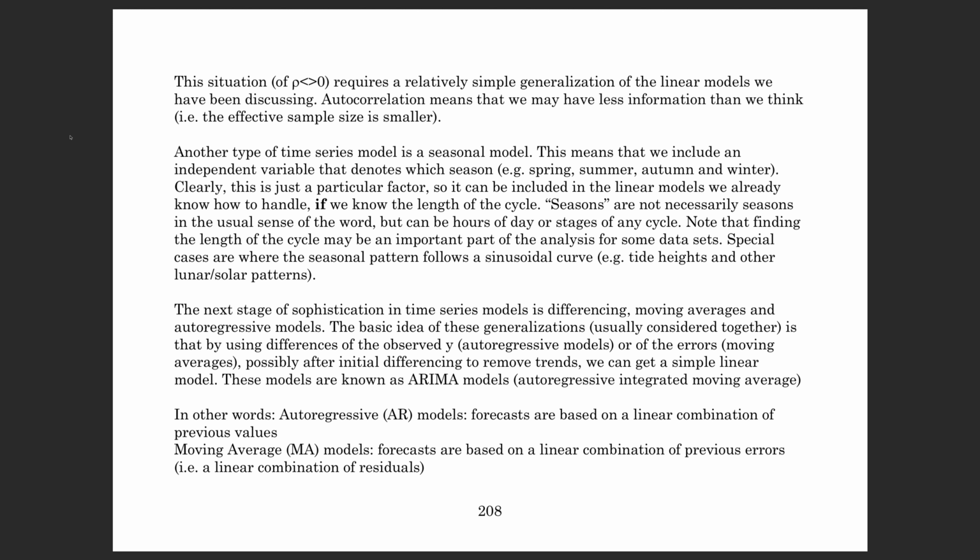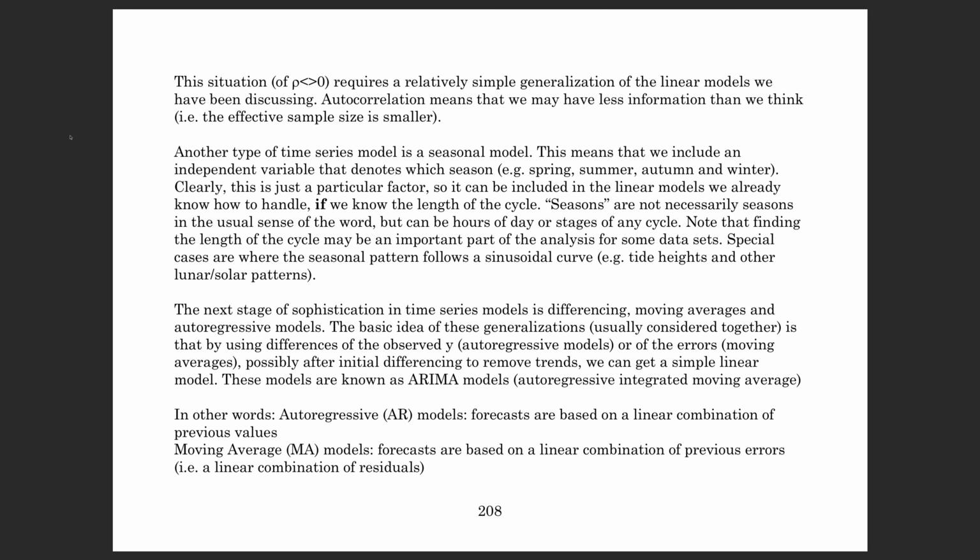So the next stage of sophistication in time series models is differencing, moving averages, and autoregressive models. The basic idea of these generalizations, which we usually consider together, is that by using differences either of the observed y, that's what we call an autoregressive model, or looking at differences of the residual errors, which is what we call moving averages, and then possibly after initial differencing to remove trends, we can get a simple linear model.